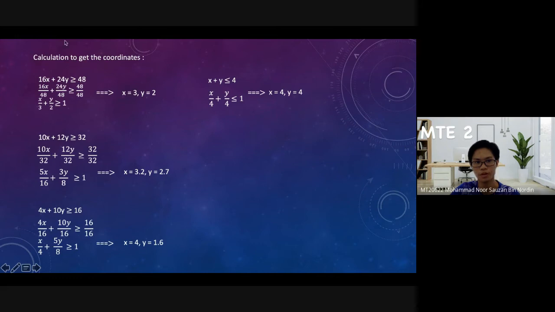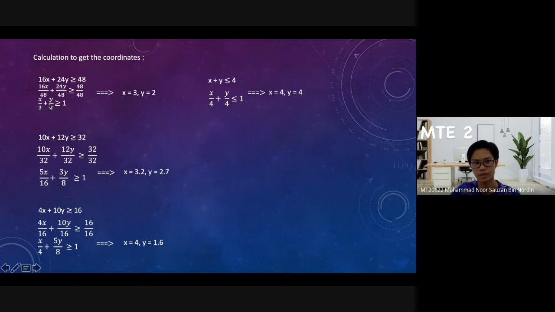Now, from the constraints, we can calculate the coordinates that we will use in the graph in the next solution. So for the first one, which is the fat, I will divide all of them by 48 so that I can have an equation that is greater than or equal to 1.